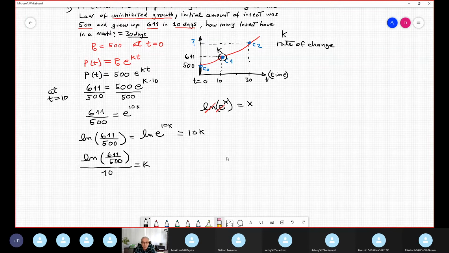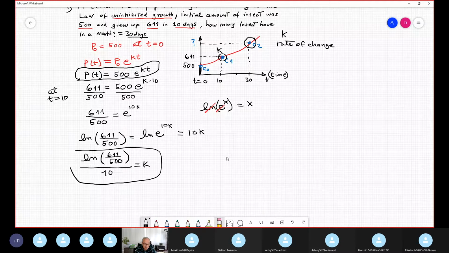So now I can go to condition 2. In condition 2, I have the time, 30 days, but I don't know the amount of insects that we have at this moment. So we come back again to the formula. This is my formula, but now I have the k value. The k value is this.